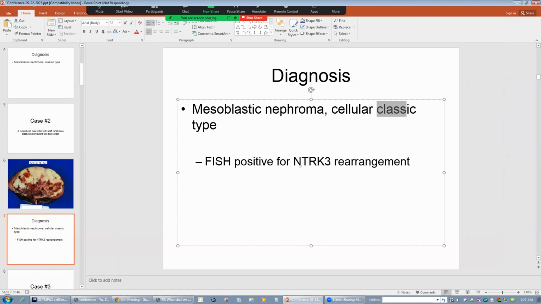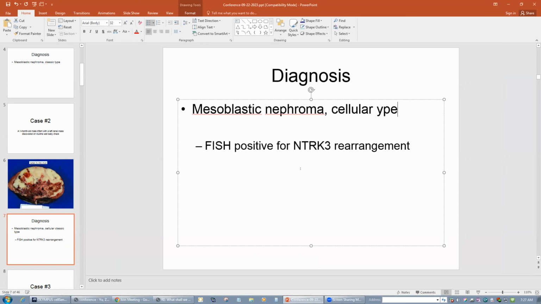I think probably 70% of the cellular type is associated with NTRK3 rearrangement, ETV6-NTRK3 rearrangement. If you can do it, better do it to confirm.